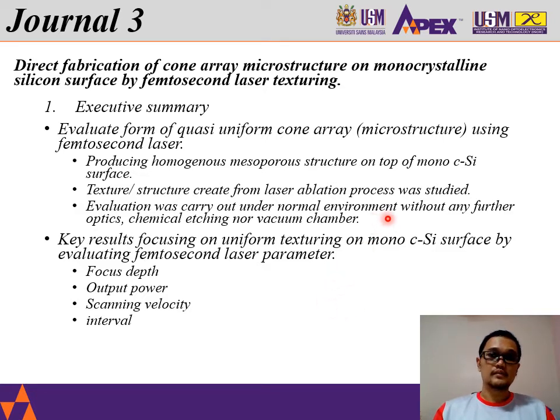They also studied several parameters that contribute to the laser ablation process, focusing on uniform texturing on the monocrystalline silicon surface, evaluating the femtosecond laser parameters of focus depth, output power, scanning velocity, and interval.